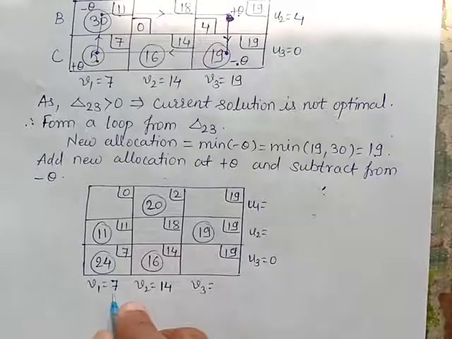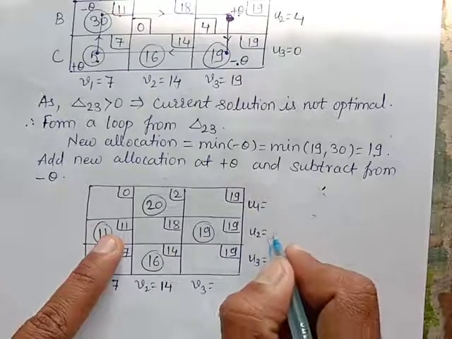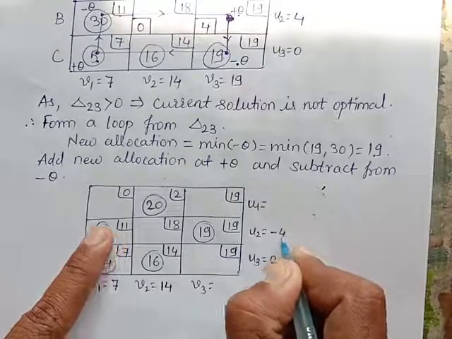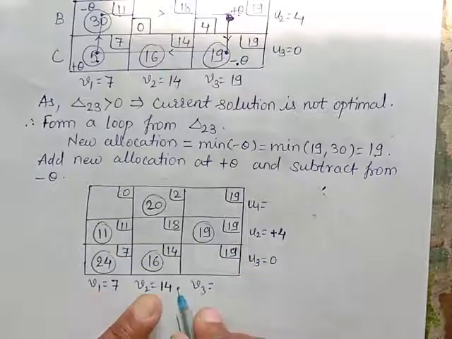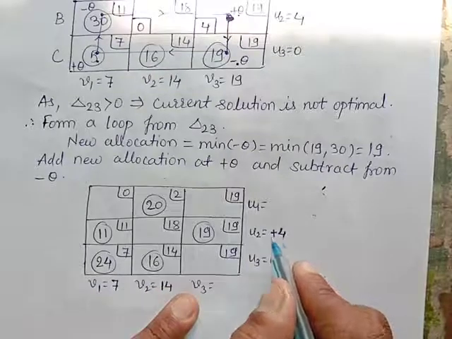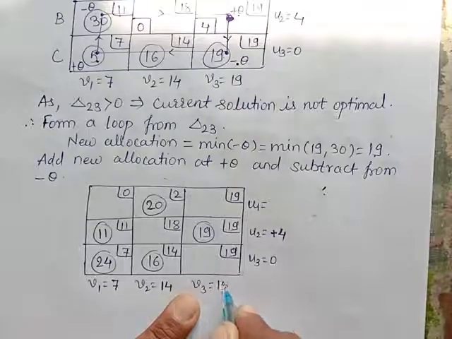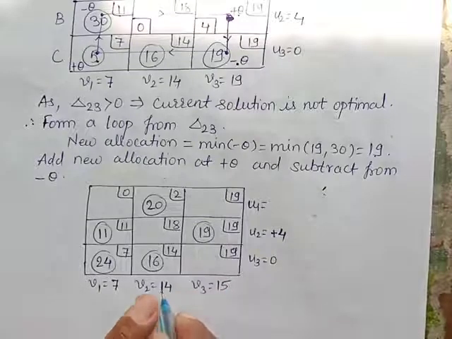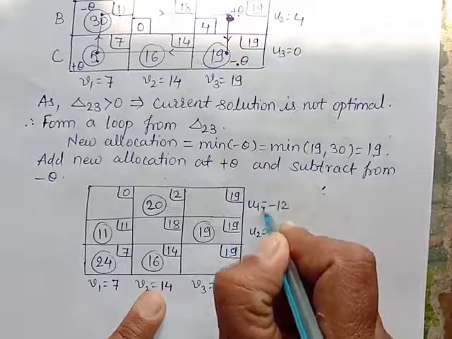Now v1 is 7, so u2 will be plus 4, since 7 plus 4 is 11. Now this is 4, so 4 plus what will be 19? Here I will get 15. 14 plus what will be 2? So it is again minus 12.